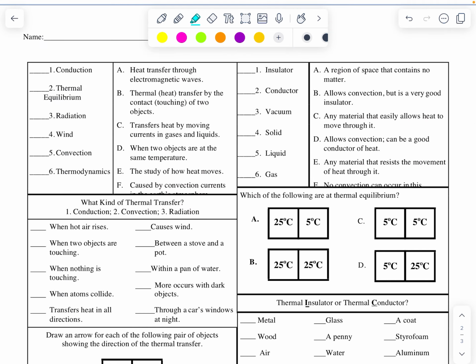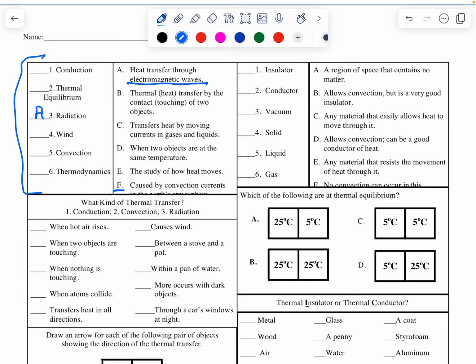Now let's start this part, and let's start with these matching. We have heat transfer through electromagnetic rays. Our options are conduction, thermal equilibrium, radiation, wind, convection, and thermodynamics. Please notice that 4 got cut off a little bit, but no big deal. So heat transfer through electromagnetic waves is radiation.